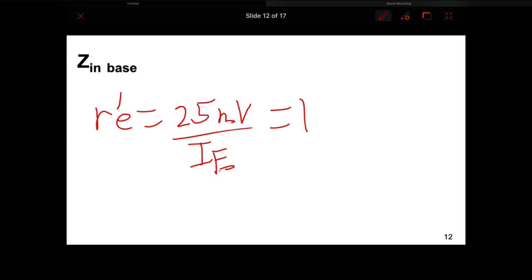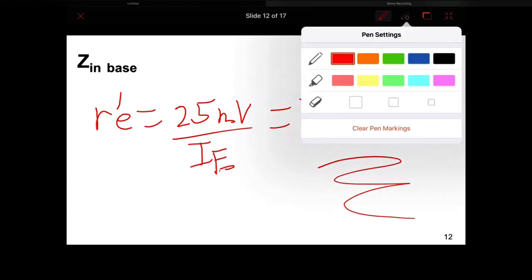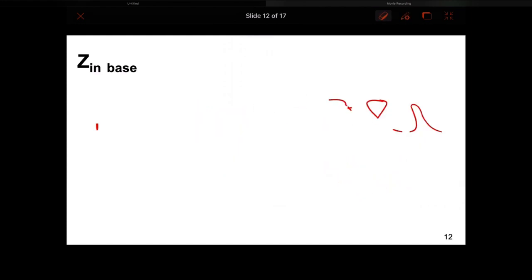It was 1.38 ohms. Okay, all right. So now we can go ahead and solve for Z in base.